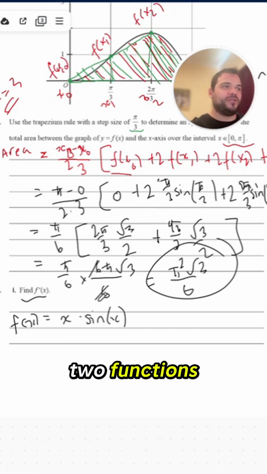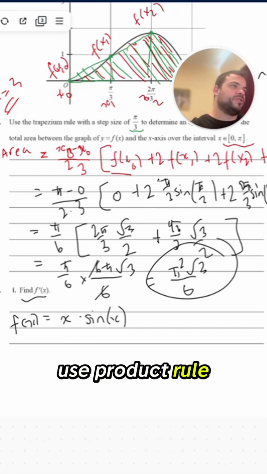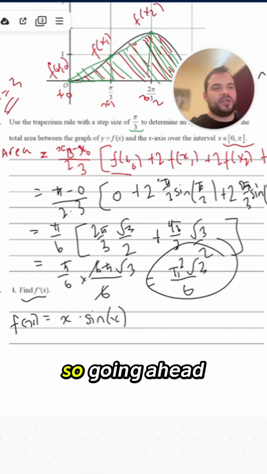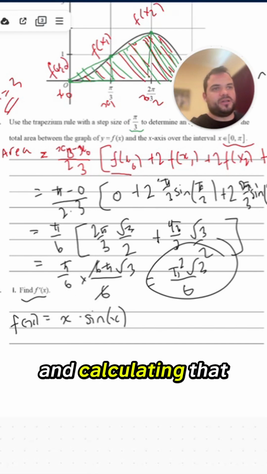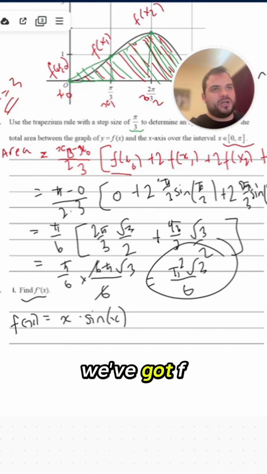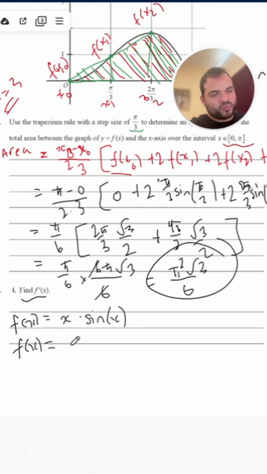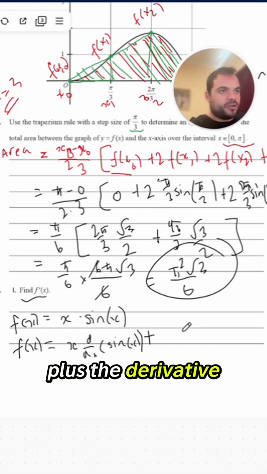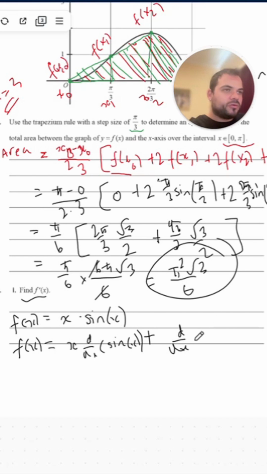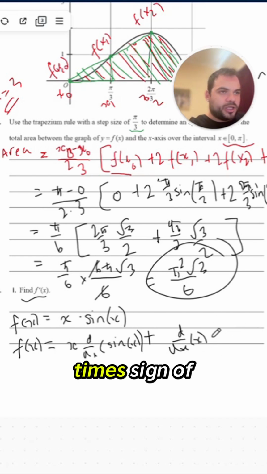We've got a product of those two functions, so we want to use product rule, which again is also in the formula sheet. So going ahead and calculating that, we've got f dash of x equals x times the derivative of sine x plus the derivative of x times sine of x.